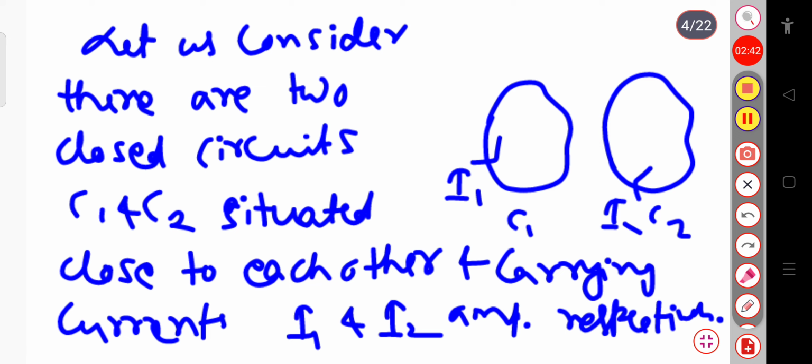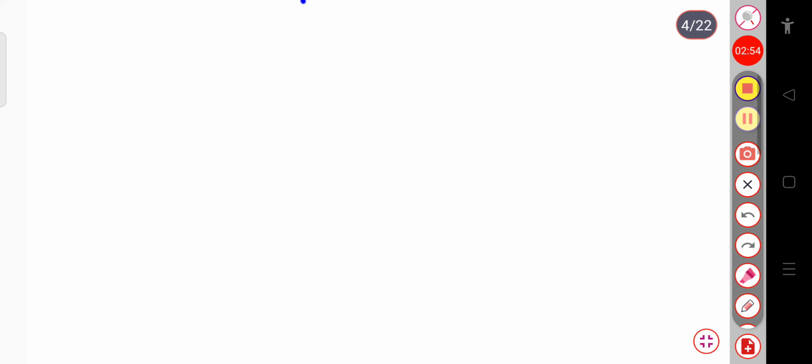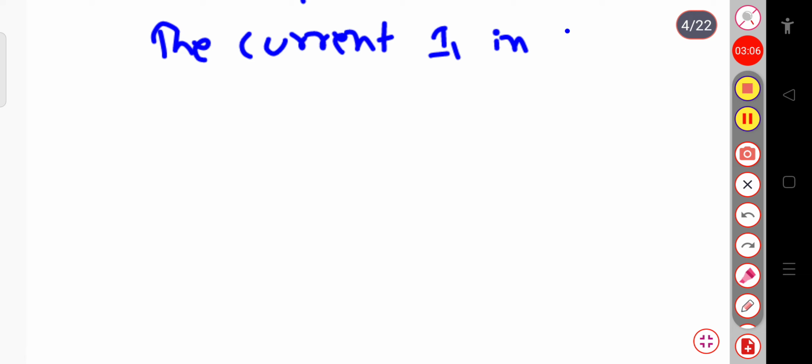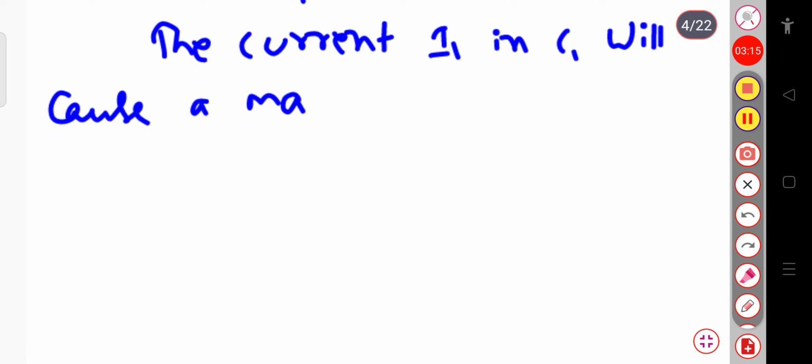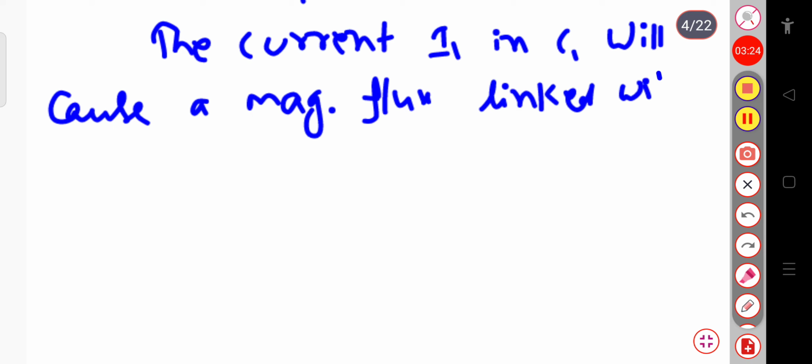Now the current I1 in the coil C1 will cause a magnetic flux linked with the coil C2. Let the current I1 in the C1 coil cause a magnetic flux linked with the coil C2.